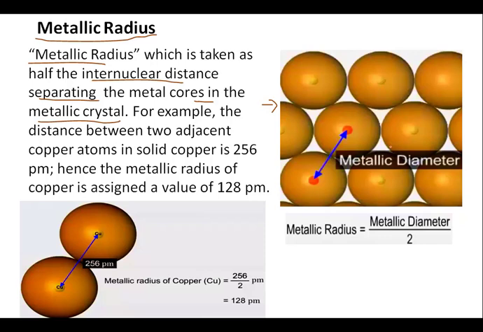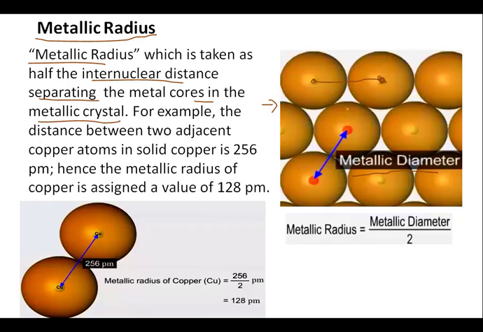In this metallic crystal, if we take any two adjacent atoms and consider their nuclei, for example this and this one, the distance from the center of this atom to the other atom, as you can see through this blue line, will be called the metallic diameter.